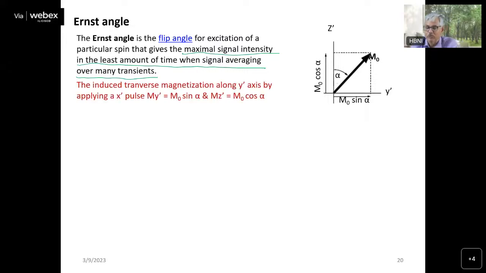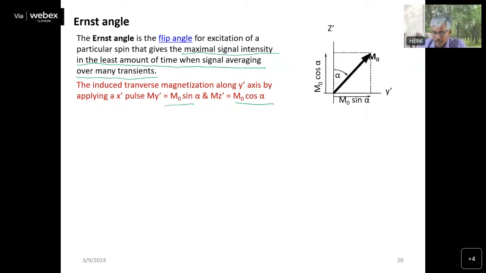If you flip the magnetization by alpha, which is called the flip angle of the pulse, the magnitude of the Y component of magnetization is M0 sin alpha, and the Z component is M0 cos alpha. That is what I have shown here.